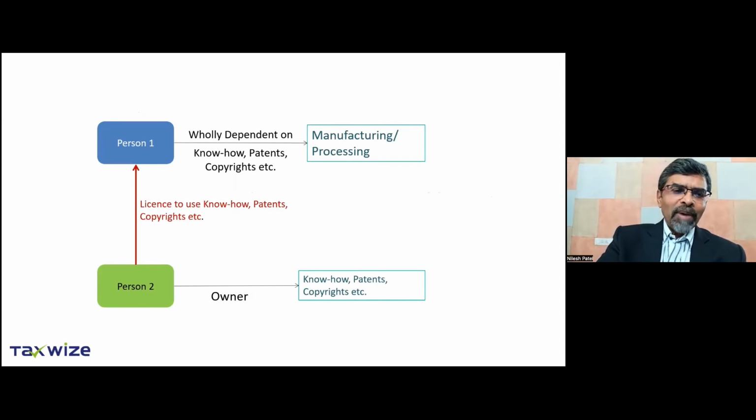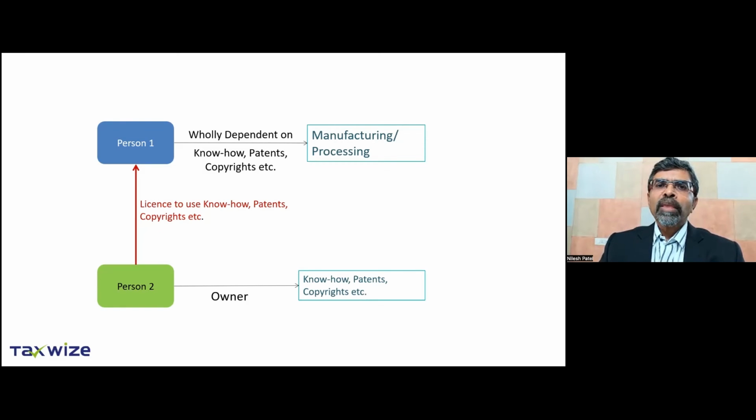I can explain by way of this simple example. Here, the first person is wholly dependent on know-how, patents, copyrights, technology, etc., developed and owned by the second person.